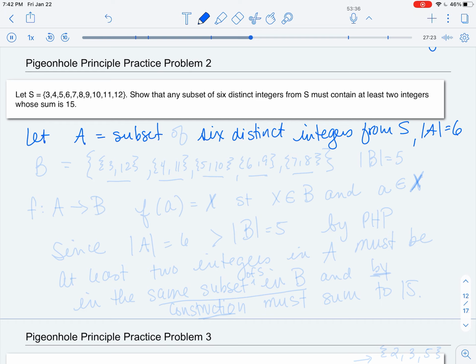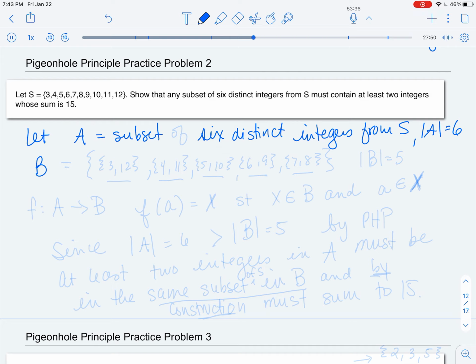But now we have to think about what our holes are going to be, our set B, our pigeonholes. We have to construct our pigeonholes such that we can claim that at least 2 of these integers will sum to 15.